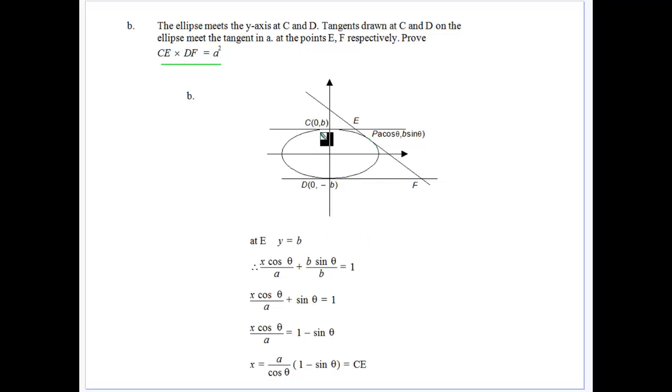So at E, what do we know? We know y is equal to B. So we're able to put that in the equation of the tangent from A. Putting y equal to B, we find the x value, which would be A cos theta outside of 1 minus sine theta. So check the manipulation, and that would be the distance CE, because C's 0, and we're going to that value there.